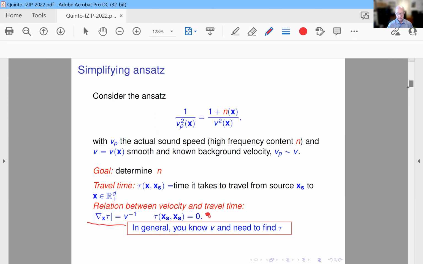And in general, you know v, and you need to find tau. And one limitation about our method is that we need to actually have an analytic expression for tau, at least for what we've done so far.